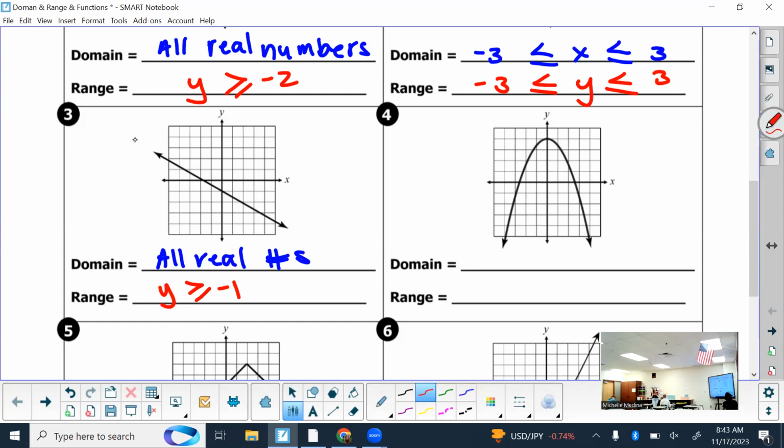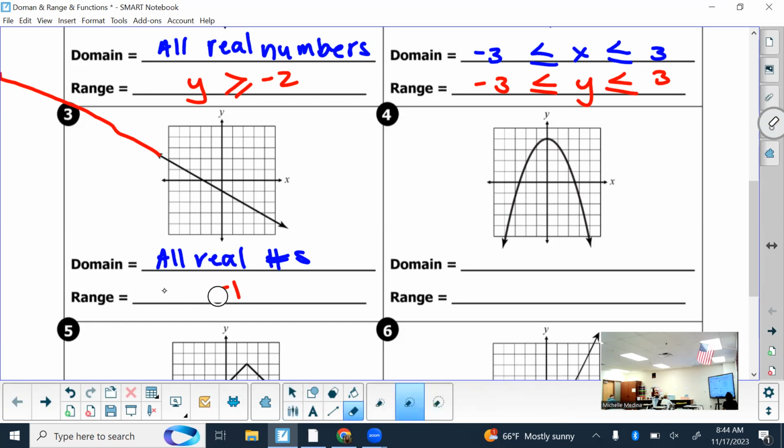Yeah, it's not perfectly going upward, but it is going upward, like if I keep drawing it, it's going more up each time. Is it going infinitely downward? So in that case, the range should actually be all real numbers. So I think maybe we were looking at the y-intercept, making the connection there, but it goes infinitely up and down. So we go all real numbers for that one. Make sense?